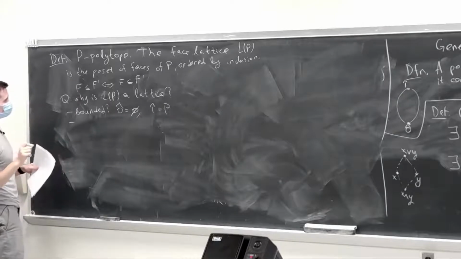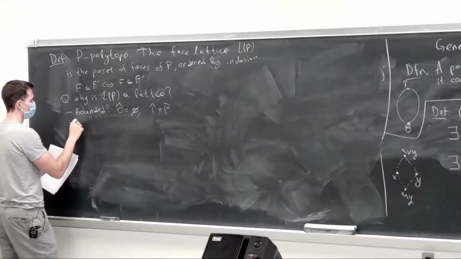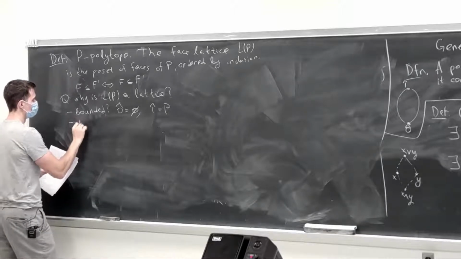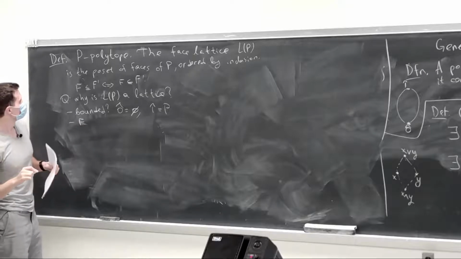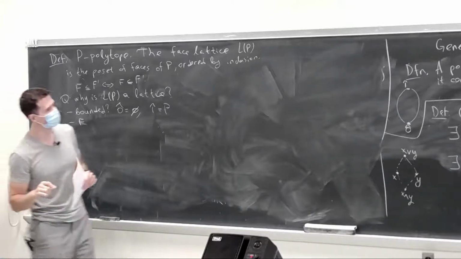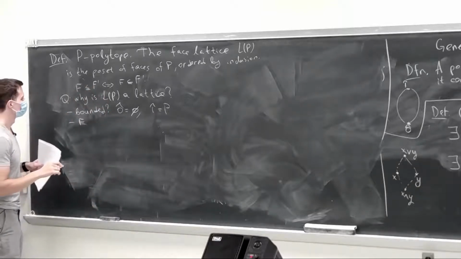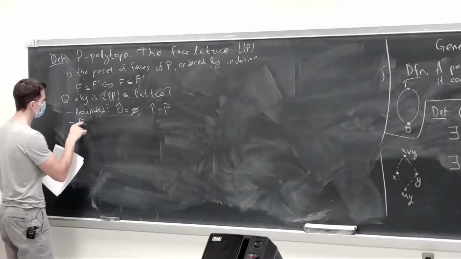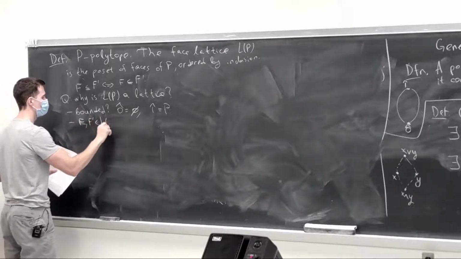Why do any two elements have a meet? Let's say f and f prime are two faces.